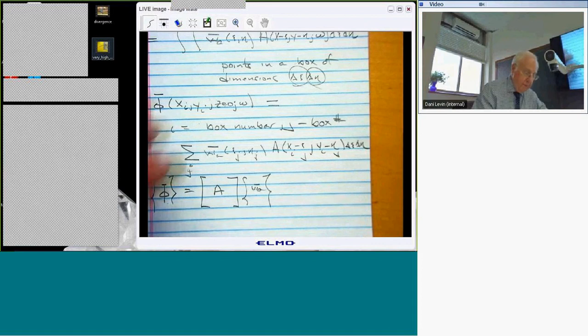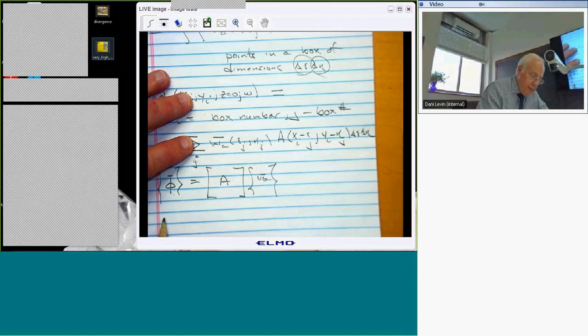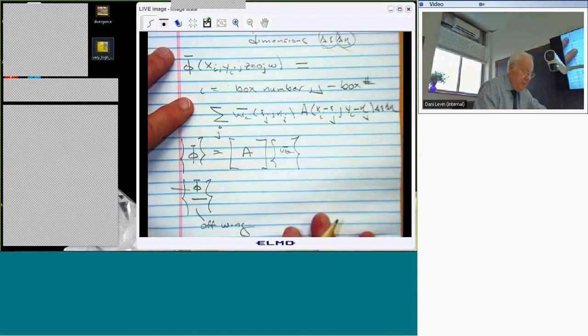So phi bar, here's off the wing. And here are on the wing.